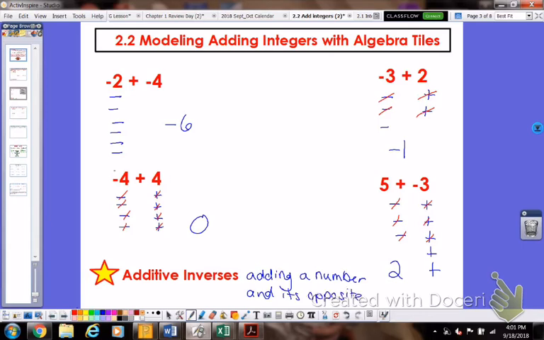So you see right here, negative 4 plus 4. We have a negative 4, we have a positive 4. We end up with 0. That would be an example of an additive inverse. We added a number and its opposite. Okay, so that is adding positives and negatives using the algebra tile idea.